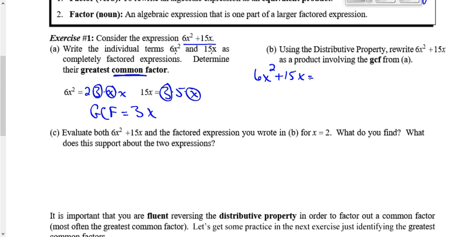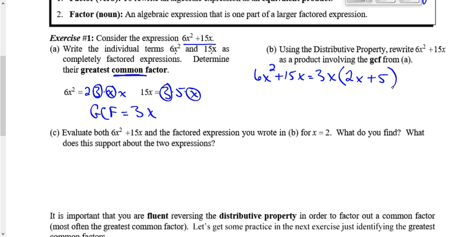We're going to divide out a 3x from both. So there's my 3x, parentheses, and 6x squared divided by 3x is 2x, and 15x divided by 3x is plus 5. And there it is, factored.